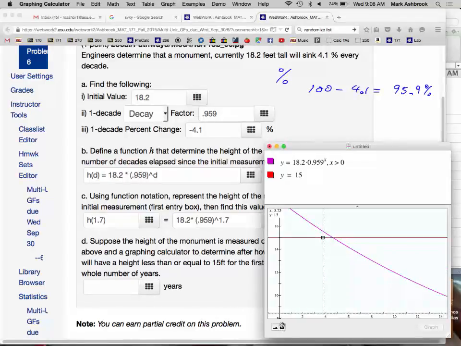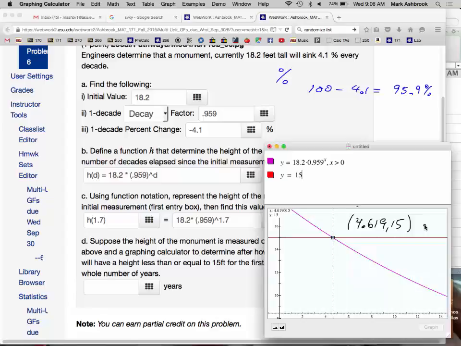And let's zoom in on what's going on there. So I have this point here, 4.619, comma 15. Okay, what's the meaning of that ordered pair? 4.619, comma 15.